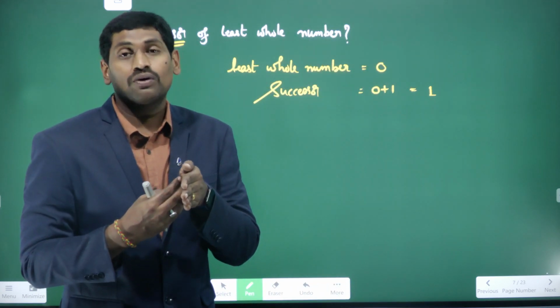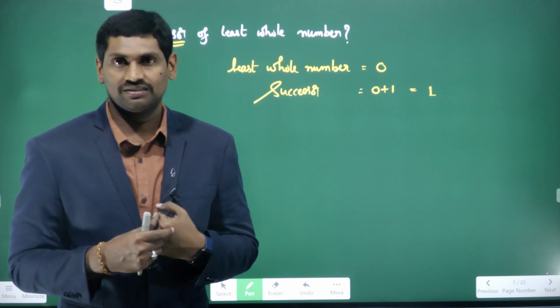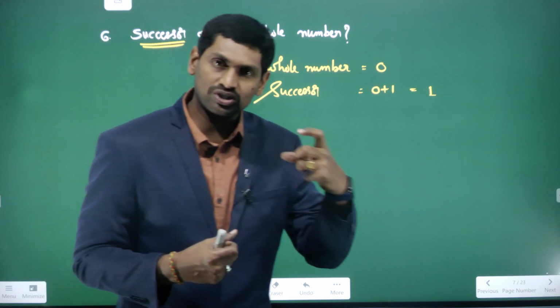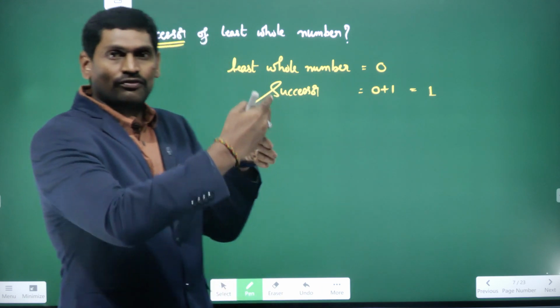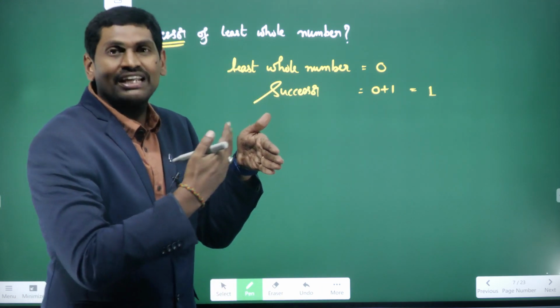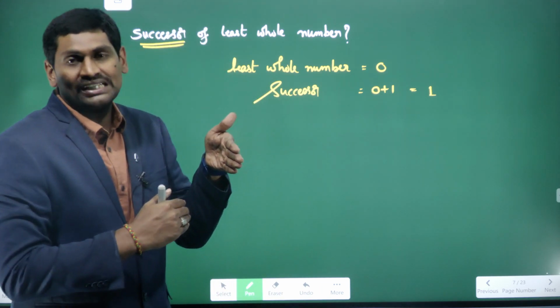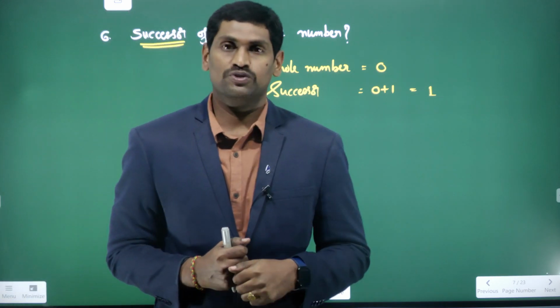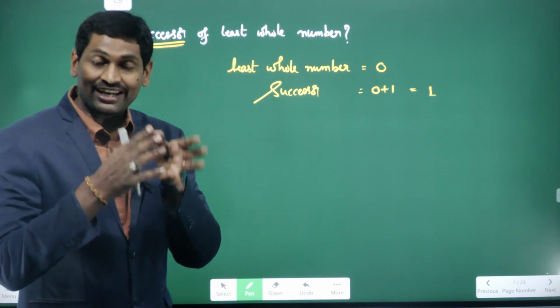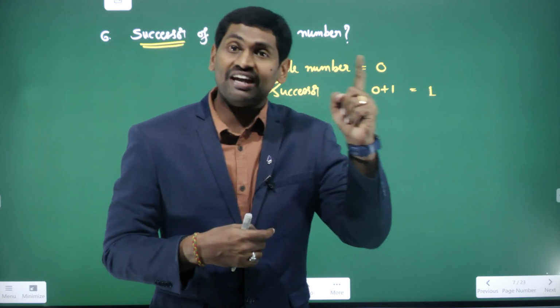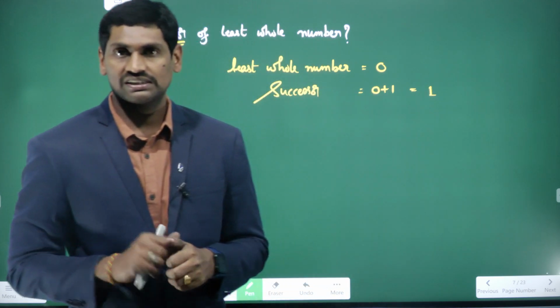We can take it from the set of integers, because integers have positive values, negative values and 0. So the number immediately before 0 is minus 1. 0 minus 1 is minus 1, which is available in the set of integers but not available in the set of whole numbers. Clear?